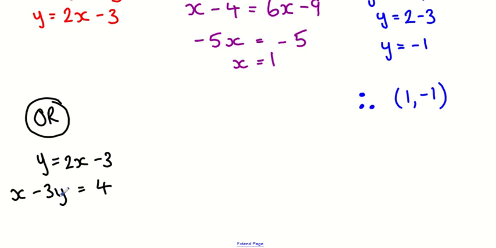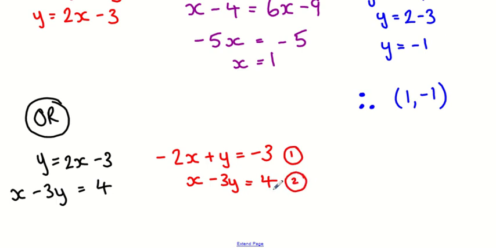So what I'll do is I'll just rearrange these so that we have equals -3 for the top one. So -2x plus y equals -3. And x minus 3y equals 4.